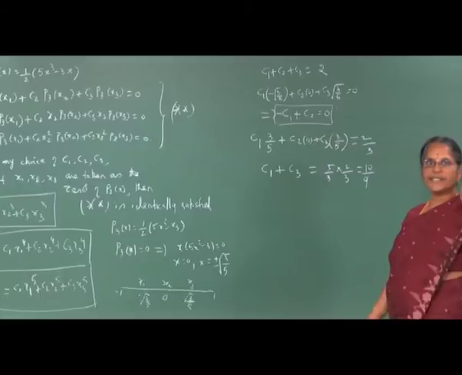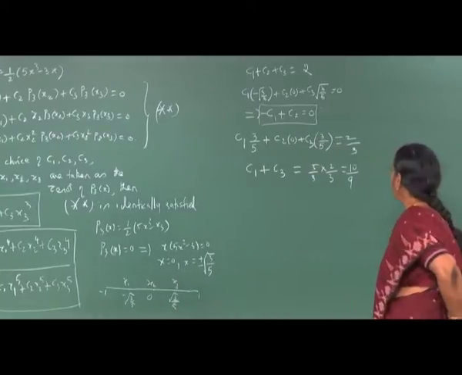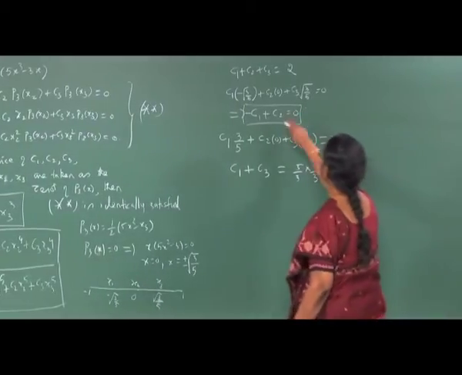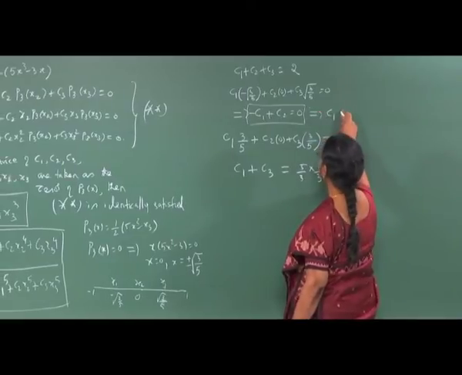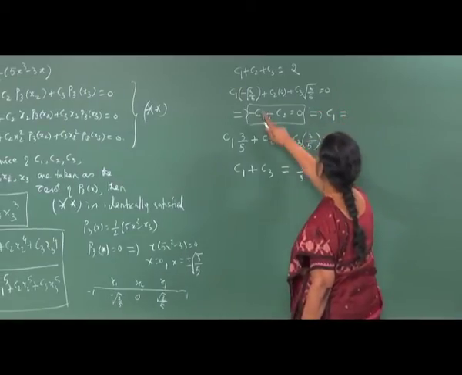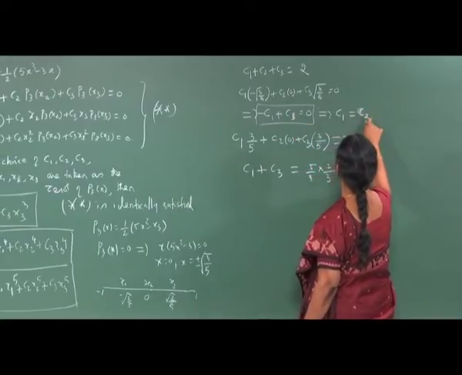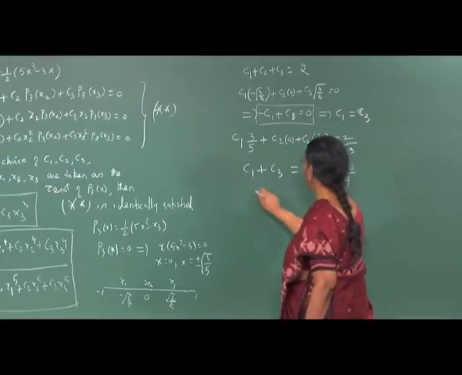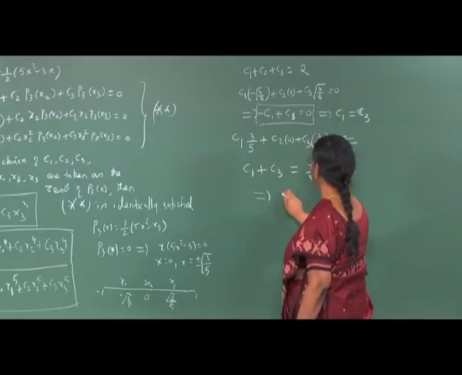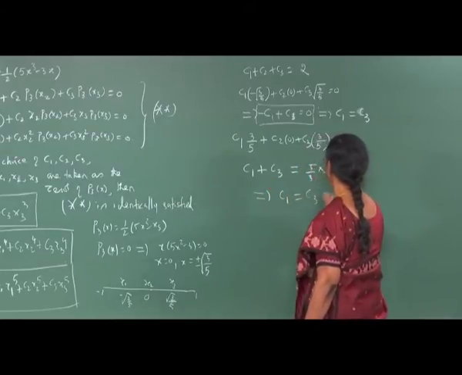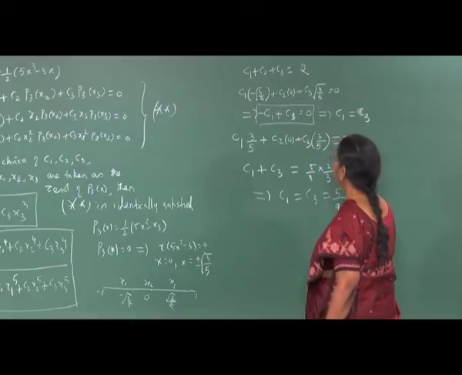So, C1 plus C3 must be equal to 10 by 9, and this tells you that C1 is equal to C3, and therefore C1 plus C3 is 10 by 9. So, C1 must be equal to C3, which must be equal to 5 by 9.